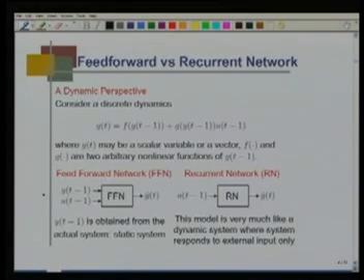So this is system output at instant t minus 1.